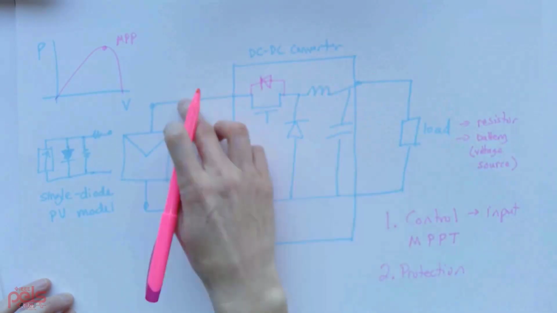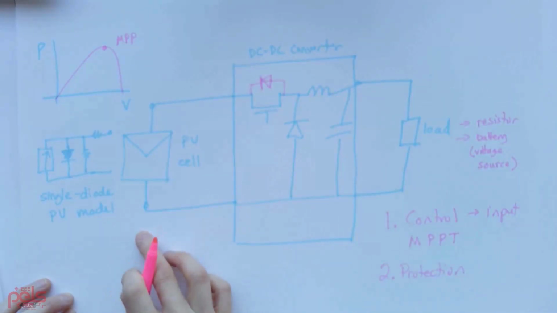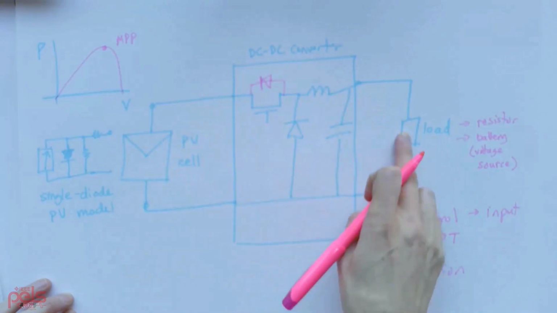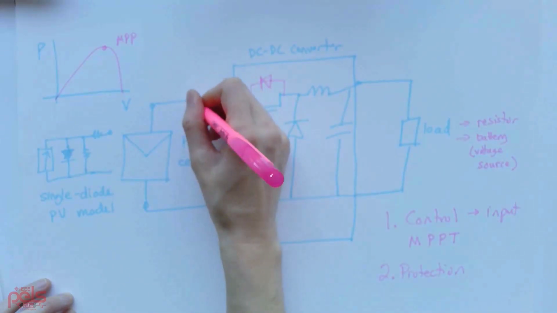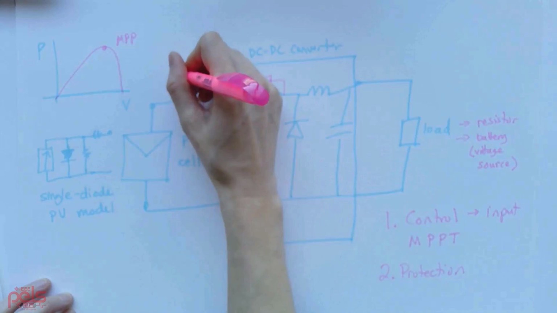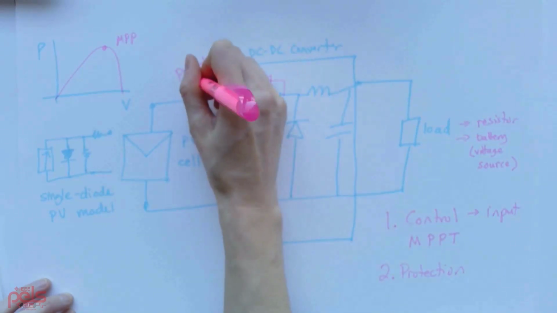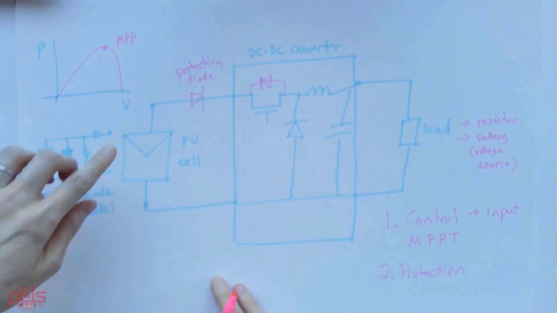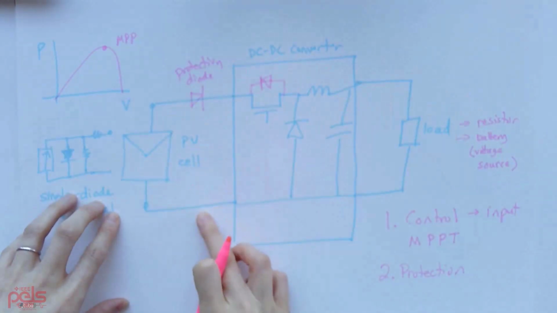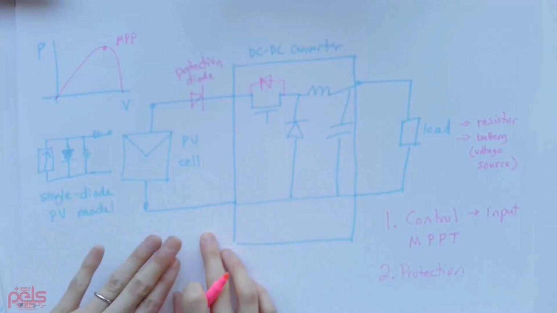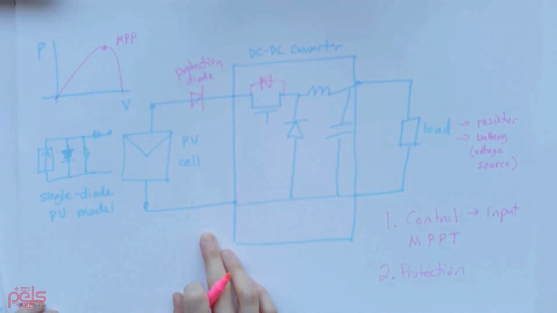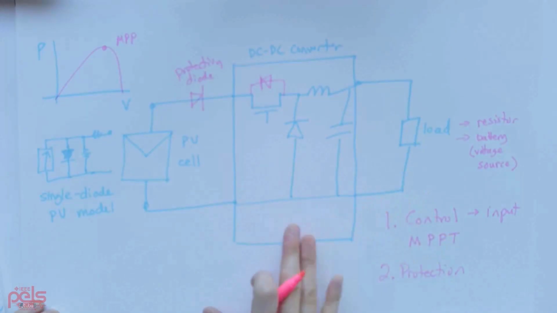So current can flow backwards. And so if you want to avoid the current going backwards, you can add a protection diode here to prevent current flowing backwards. I've seen that happen with students making a circuit and then losing all their power from the battery once they connect the PV cell.